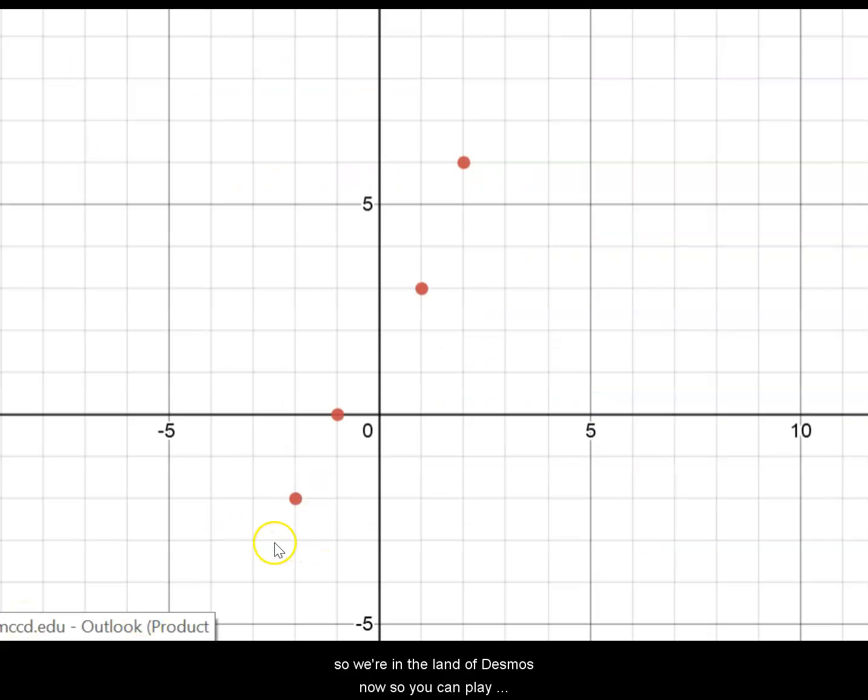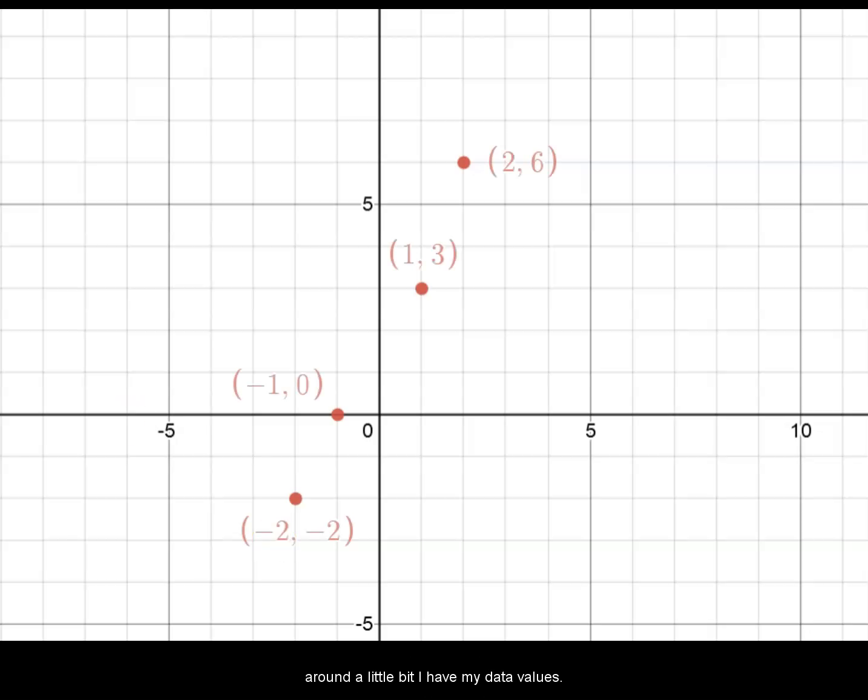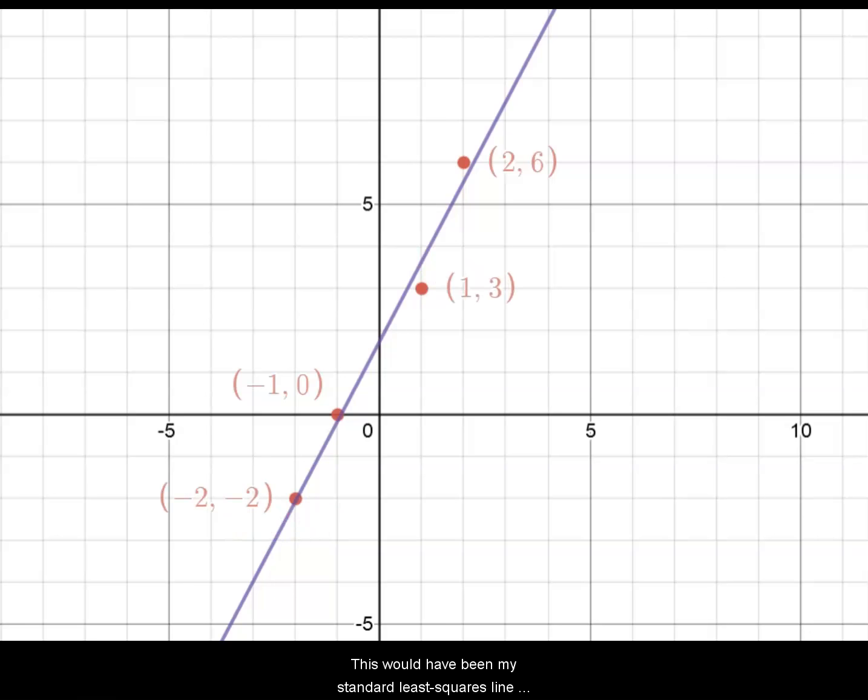So real quick, let's do a quick abracadabra and boom. We're in the land of Desmos now, so we can play around a little bit. I have my data values: -2, -2; -1, 0; 1, 3; 2, 6. If we look at what the standard least squares solution would have been, this would have been my standard least squares line, without the weights.